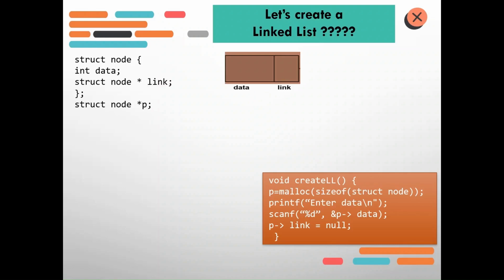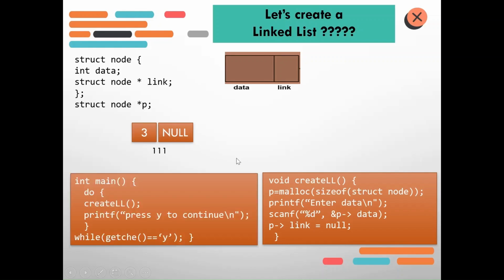So next, let us say we have a function called create ll or create linked list, in which we are basically allocating memory to the node and storing the starting address at p, then asking the user to enter data, and that data would be stored in the data part, and to the link part we would be assigning a value of null to begin with, right? Like this. So say for example we have passed a value of 3 as an input, that would be stored here in the data part, and a null would be assigned to the link part.